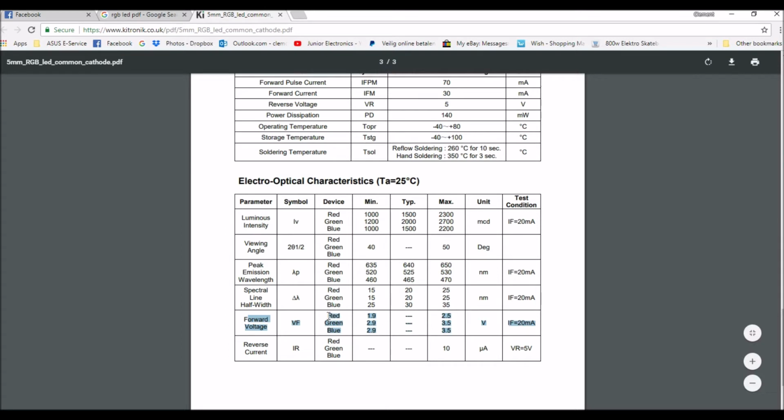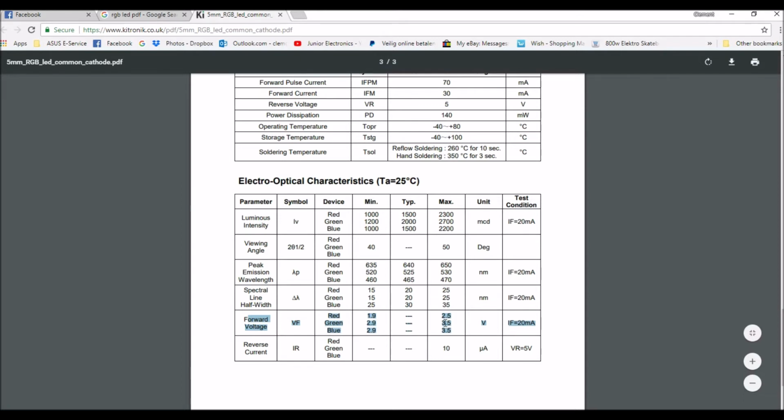We have red at about 1.9 volts. It's actually 2 volts. This is the minimum, then the maximum is 2.5. Beyond that will burn out. And then we have green at 2.9 and blue at 2.9 as well.